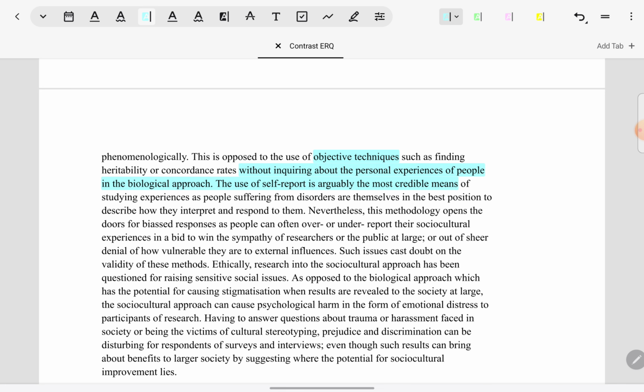So again, contrasting with the biological approach, how the methodology in sociocultural is better as well as how it is worse, both have been pointed out in the essay. In the biological approach, we saw the ethical issue is stigmatization. As opposed to that, in the sociocultural approach, stigmatization is not as big a concern as causing emotional distress to participants is. That is what we have explained next.